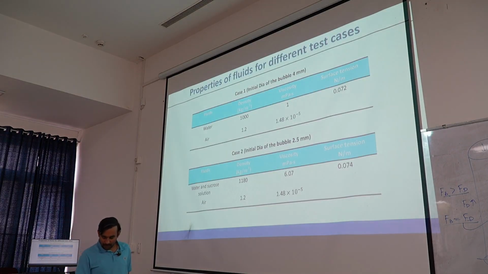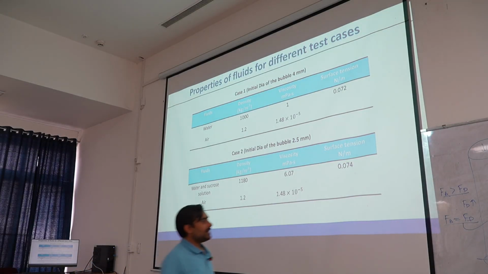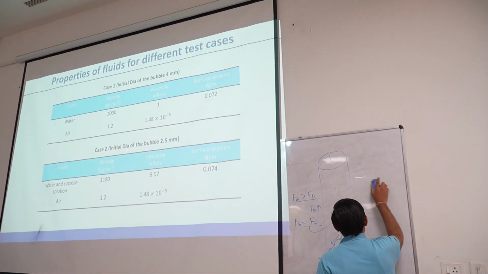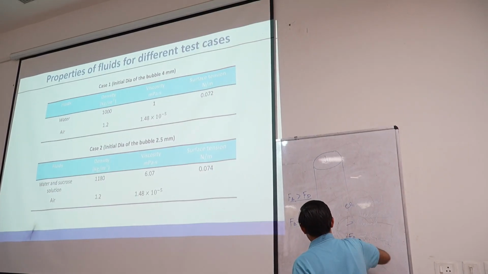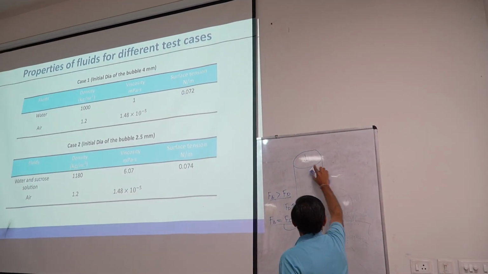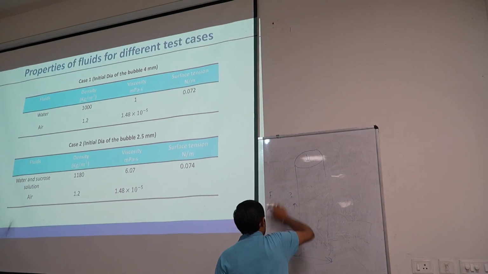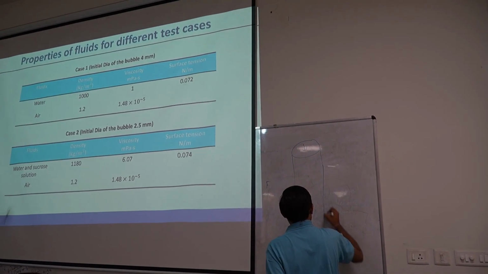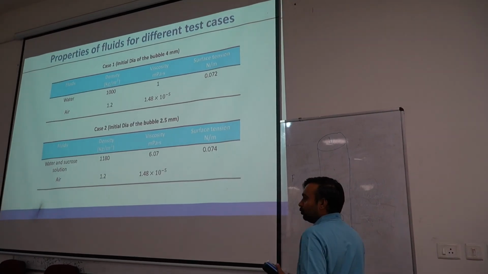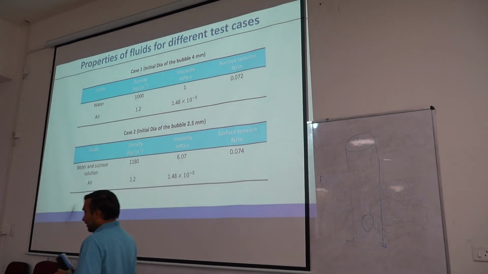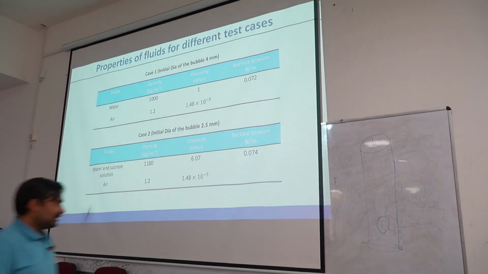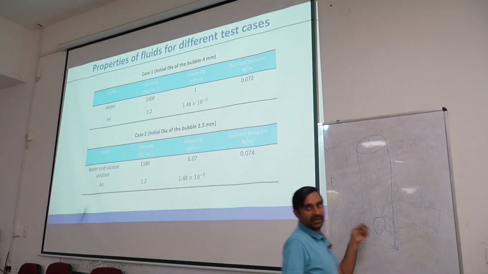Now, whenever I study bubble rise inside a cylindrical pipe, what will happen? If I have to do a complete 3-dimensional simulation, I have to make a cylinder and in that specify a sphere.